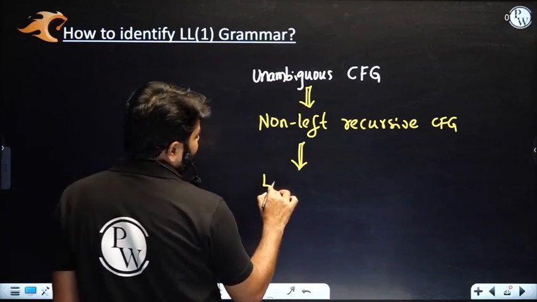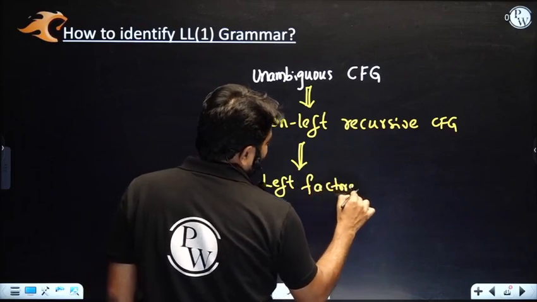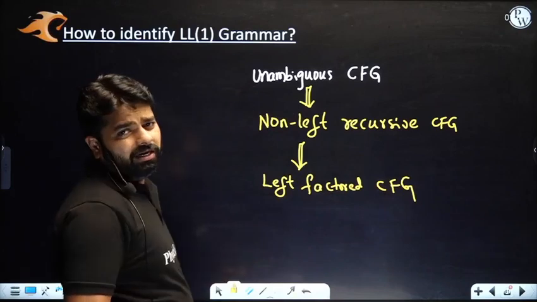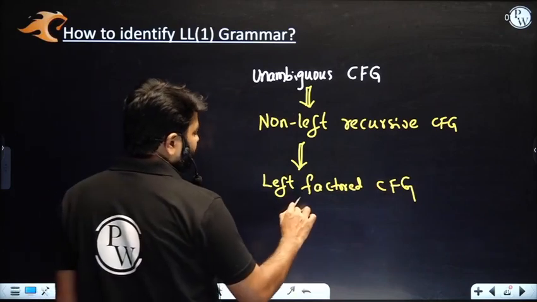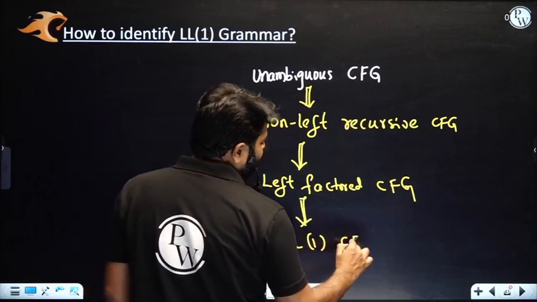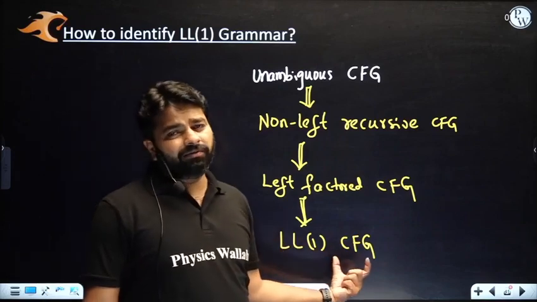So, make the grammar left factored. This left factored grammar is basically called LL1, but you can understand whether it is LL1 with the help of the table. If you build the table, you will get to know whether the given grammar is LL1 or not.